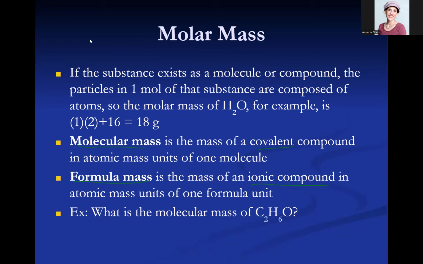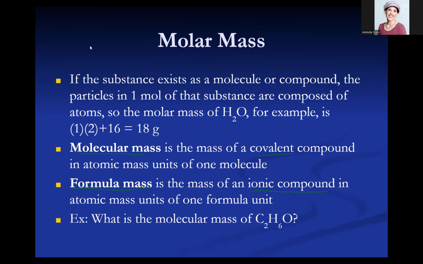Well, I look and I say, I have 2 carbons. If I look on the periodic table, each carbon has a mass of 12.01. Plus, I have 6 hydrogens. Each hydrogen has a mass of 1.01. Plus, I have 1 oxygen.